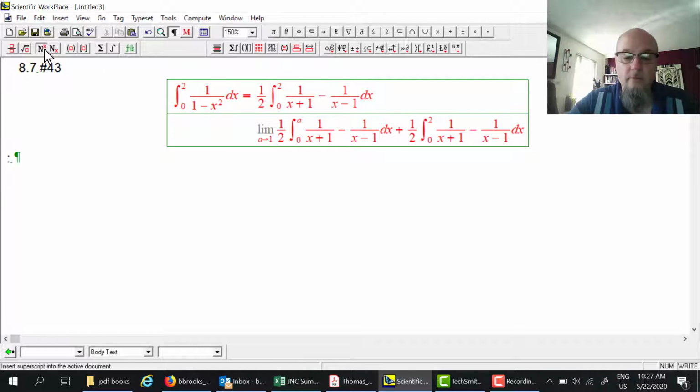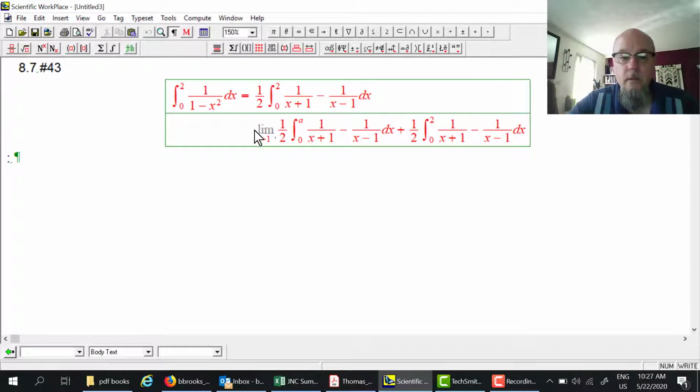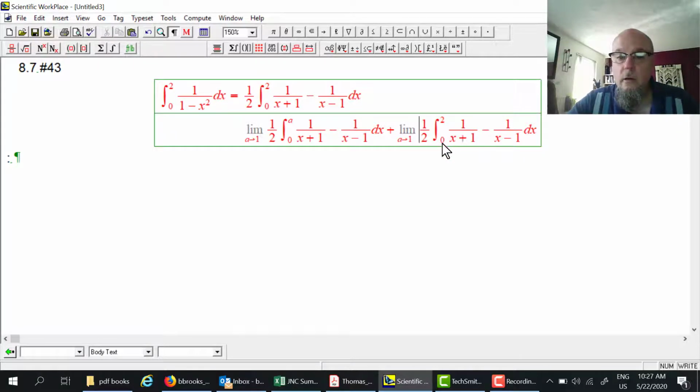We're approaching 1 from the negative. On this piece, down to 1, we're approaching 1, but always from the positive.